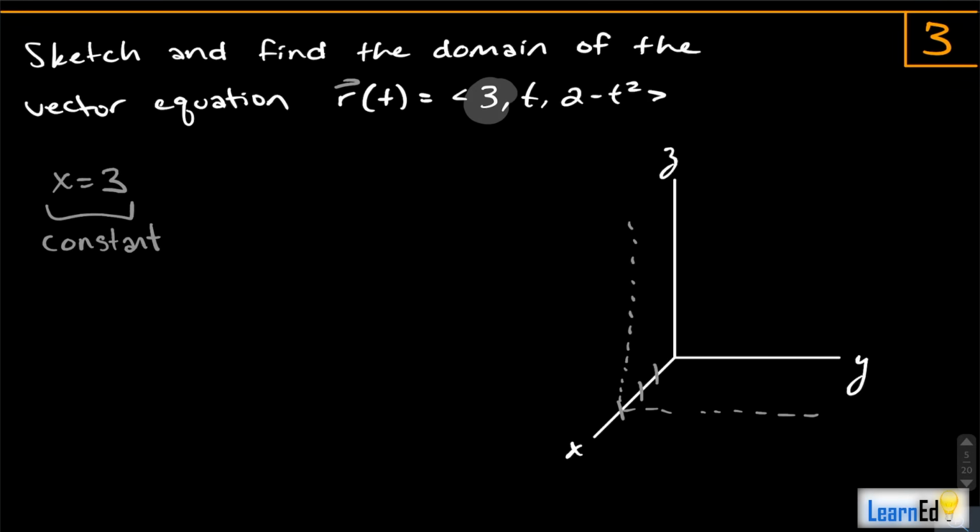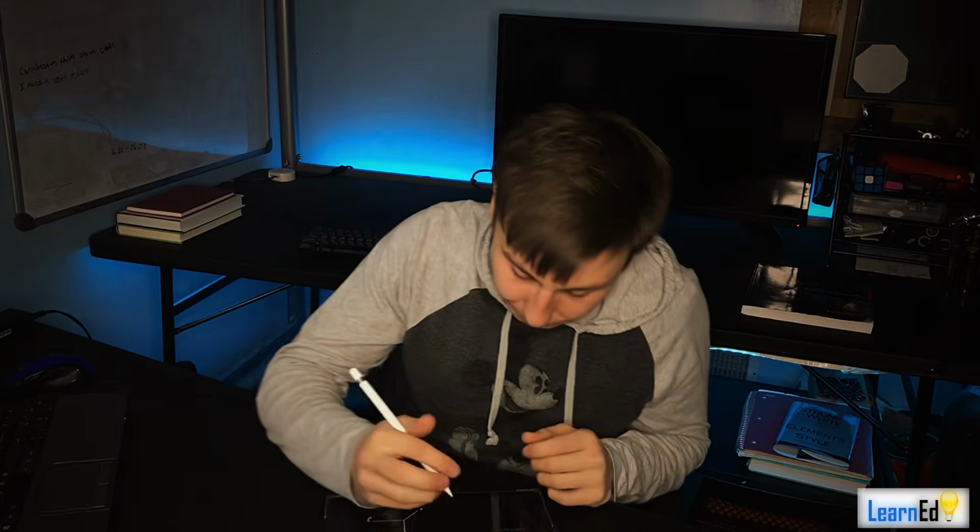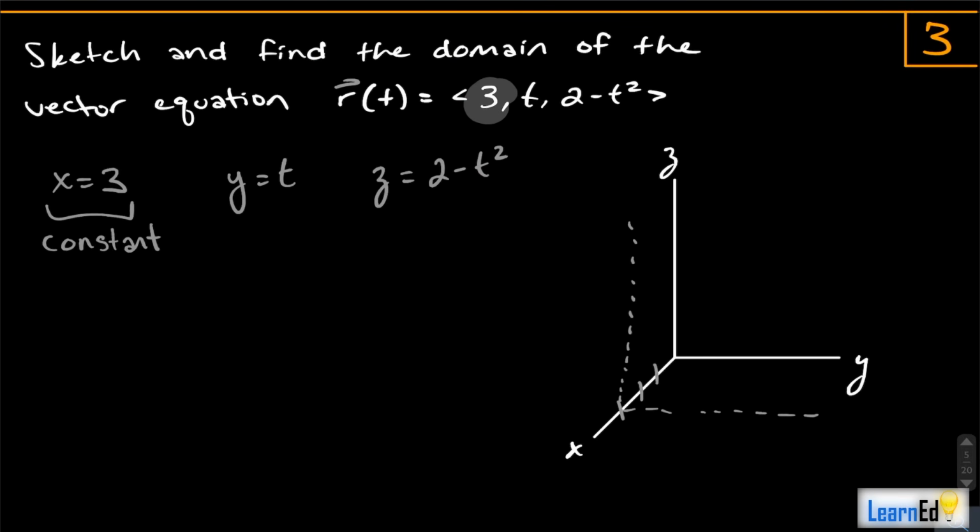Now let's look at our other parameters. So we have y equals t, and we have z equals 2 minus t squared. Okay, so y is just increasing by t. Now, if y is t, then we can just plug that into the z equation, and since we're only dealing with something on the yz plane here, we'll just have an equation of z with respect to y, which will work out pretty well, especially since we already have y equal to t.